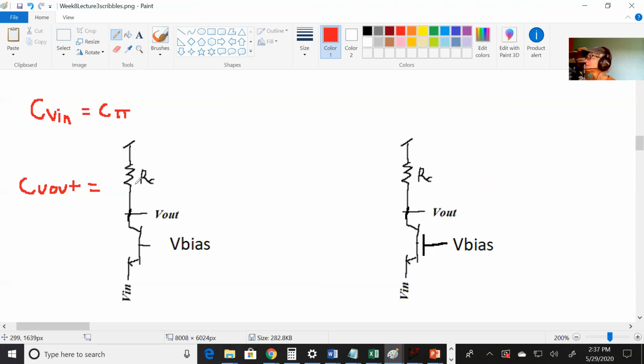Since it's a resistor, we'll say no capacitance, but resistors in integrated circuits do have capacitance, and so they actually have their own frequency response. But there's no capacitance looking up, so C RC is 0. So 0 for looking up. What about looking down? What terminal do you hit?